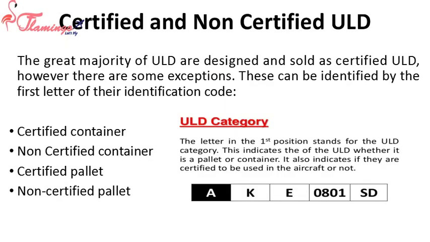The great majority of ULD are designed and sold as certified ULD, however there are some exceptions. These can be identified by the first letter of their identification code: certified container, non-certified container, certified pallet, non-certified pallet.